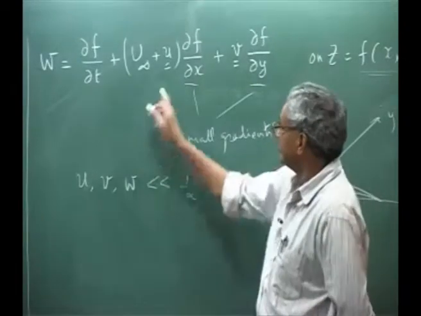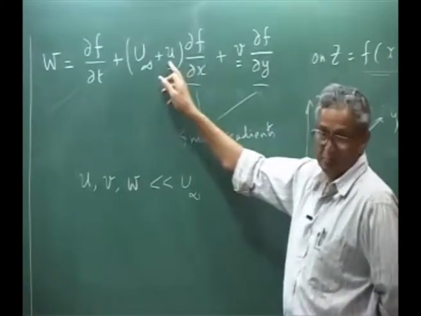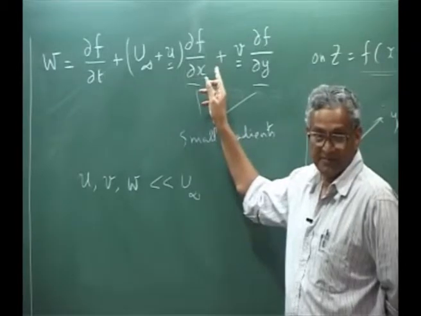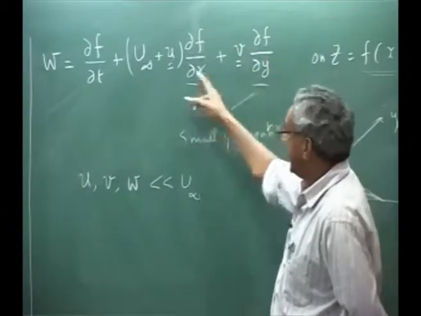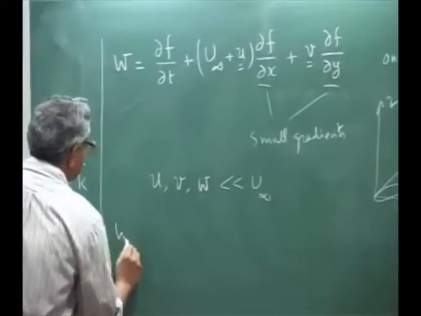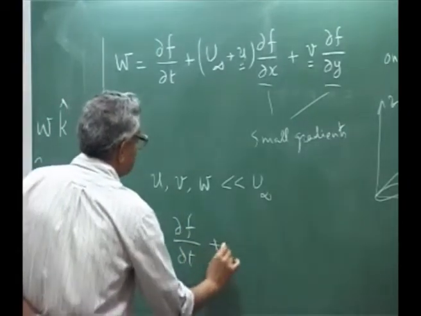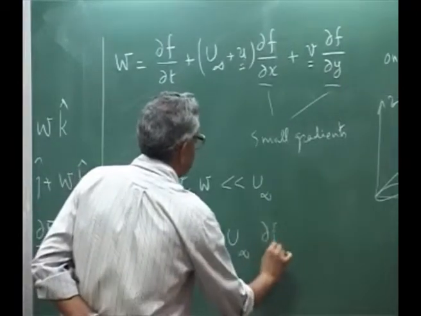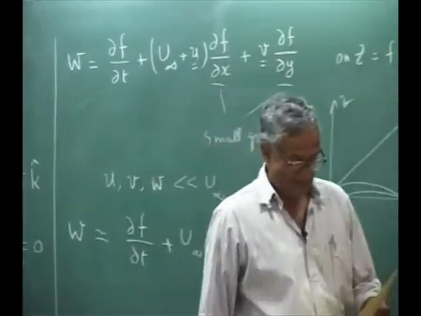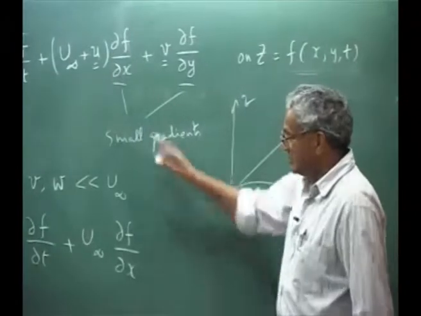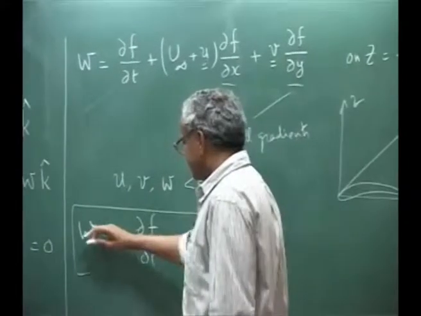Now if I neglect terms which are products of small quantities, that means this is a higher order term. Similarly, this is a higher order term. I will get here simply, neglecting these, w approximately becomes plus u infinity delta f by delta x. That is, I am eliminating higher order terms. This is that approximation, later I will say this is equal to, that is all.